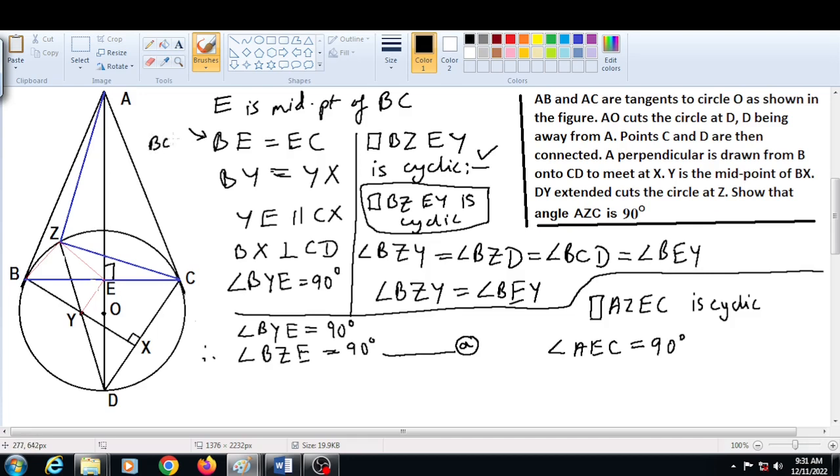It is very easy to show that BE is equal to EC, and also BC is perpendicular to AE, so I am not going to discuss the proof of that. So BC is perpendicular to AE, and for that reason angle AEC is 90 degrees.